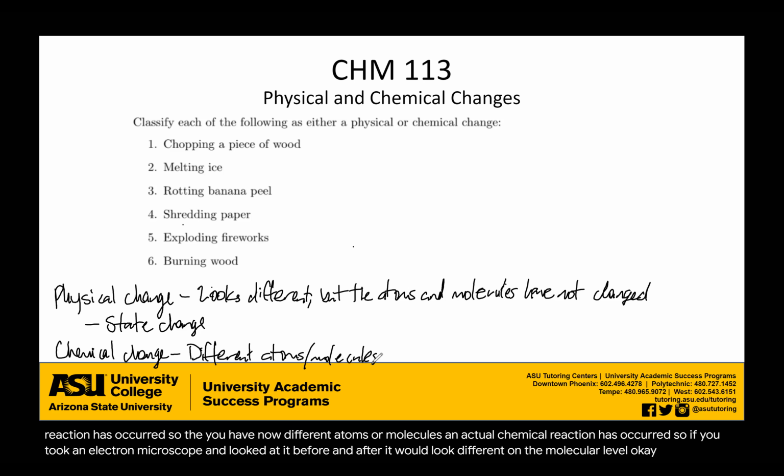So you might smell something different. It might give off some heat. It might give off some light. So anything that has sort of an energy to it, right? Like heat and light have sort of this energy to it. A change in smell is something chemical going on. So anything like that is typically a chemical change.